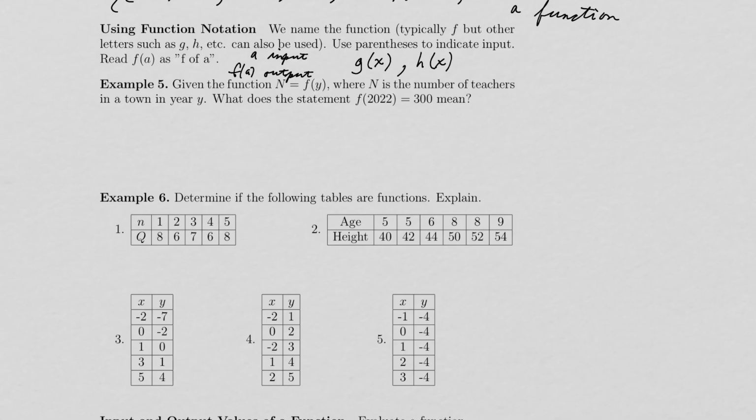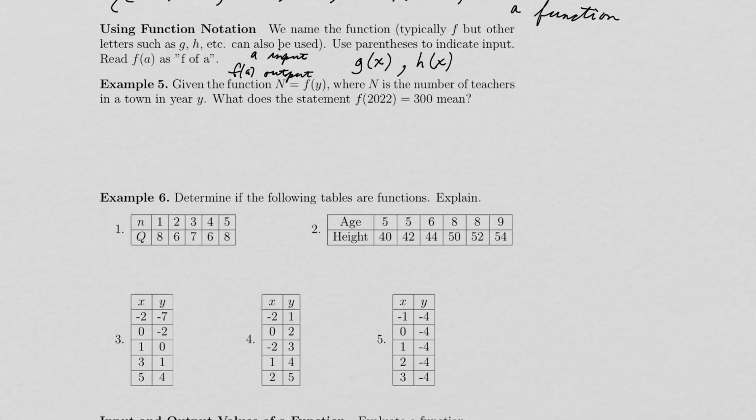Okay, let's do one example where we look at function notation and try to interpret what it means. So let's say we're given the function n is equal to f of y, where n is the number of teachers in a town in year y. Okay, so they're telling us basically that n represents the number of teachers and y represents the year. So let's interpret this.